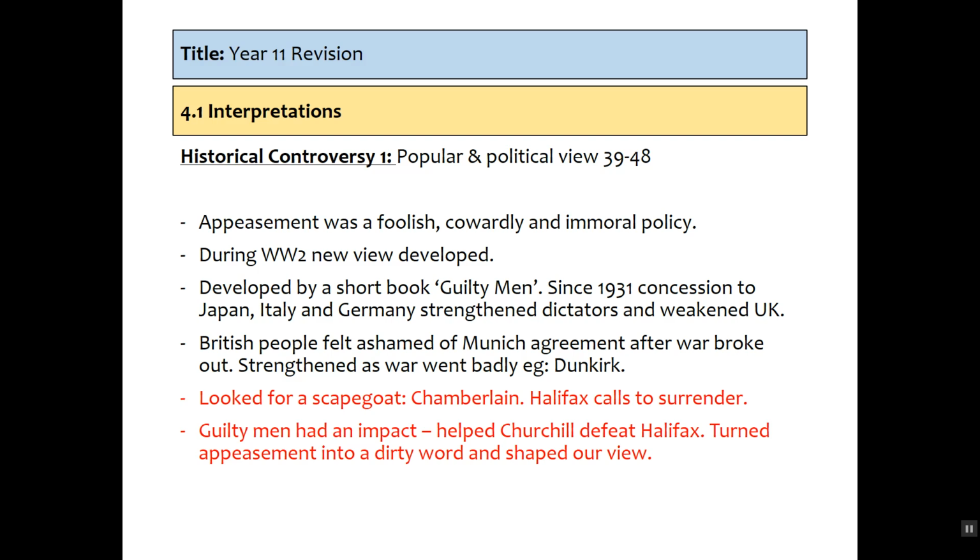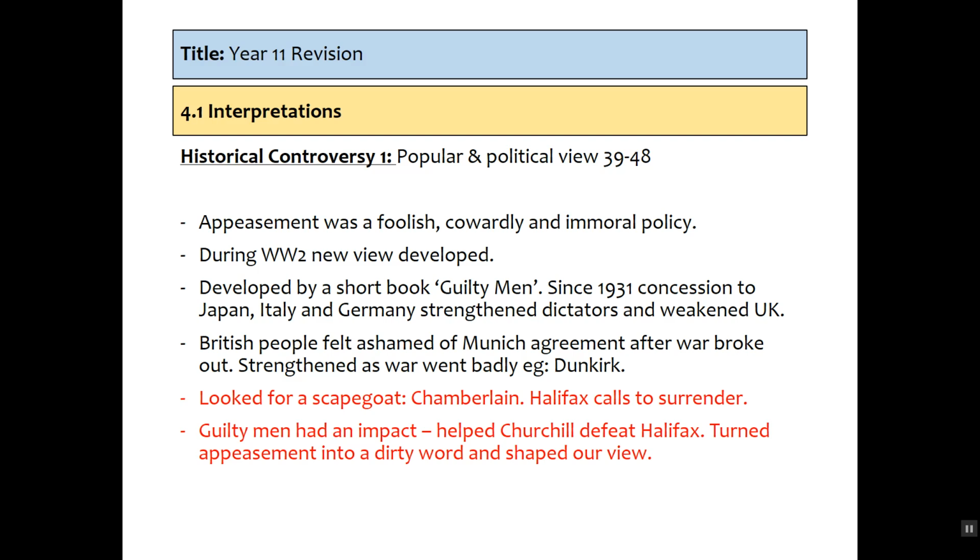The second approach to appeasement in this historical interpretation is the guilty men. It lasts between 1939 and 1948. Now, this view has become widely accepted by historians, politicians, and the general public in the time, and it says that appeasement, the policy of giving in to Hitler, was foolish, cowardly, and immoral. And why did it happen? Well, that's because of World War II.